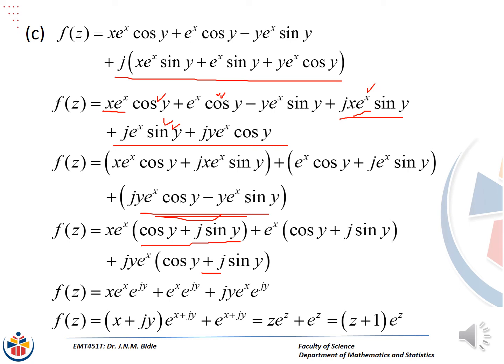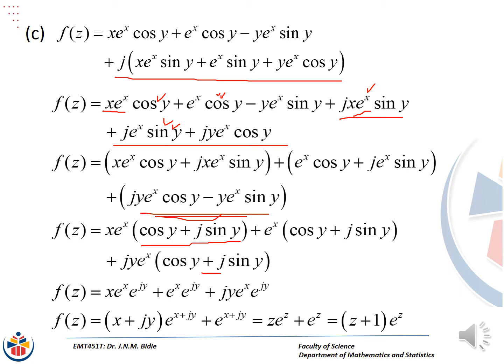And then in place of cos y plus j sine y, we substitute e to the power jy, and then recalling also the laws of exponents. If you've got the same base, you add the powers. So this is just e to the power x plus jy, e to the power x plus jy, e to the power x plus jy.